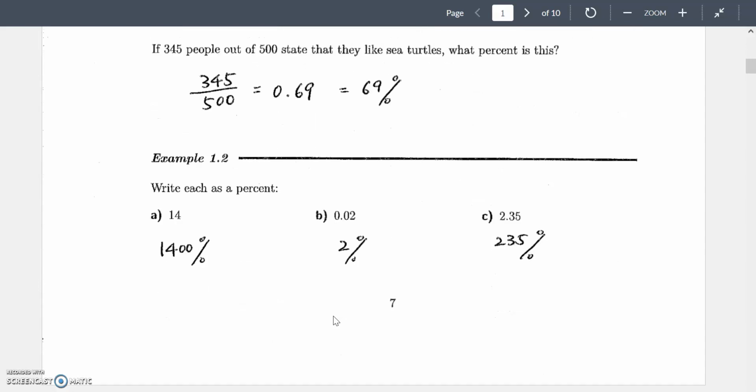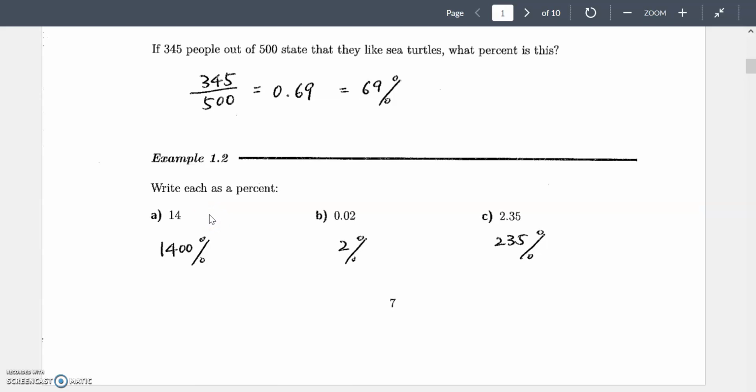We can see some more examples in chapter 1. In example 1.2, we're changing these whole numbers into percent. So for example, how do you change 14 to percent? We multiply 14 by 100, so it becomes 1400. Then we put a percent sign behind it. So what we did was take the number, multiply by 100, then divide by 100 again.